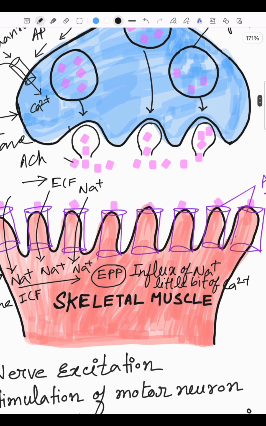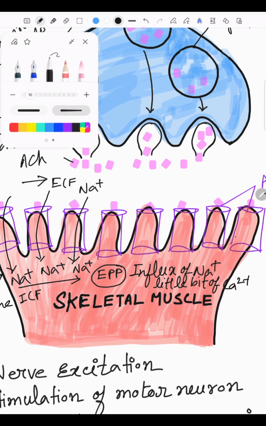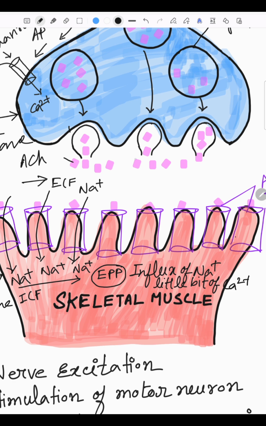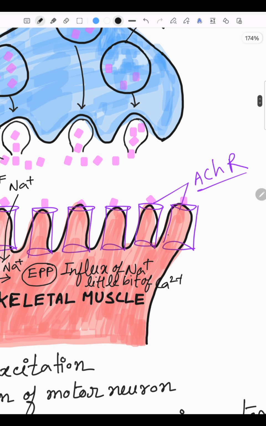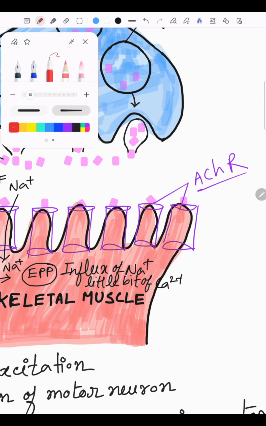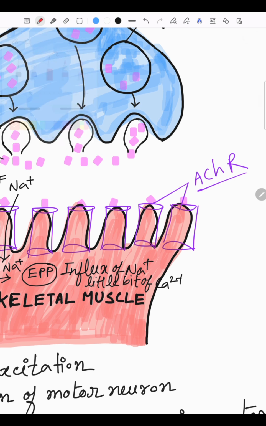Skeletal muscle contraction occurs because of these acetylcholine molecules that are present in the synaptic cleft. So after skeletal muscle contraction, definitely we have to remove these acetylcholine molecules from the synaptic cleft. So here is the presence of a molecular scissor at the synaptic cleft.